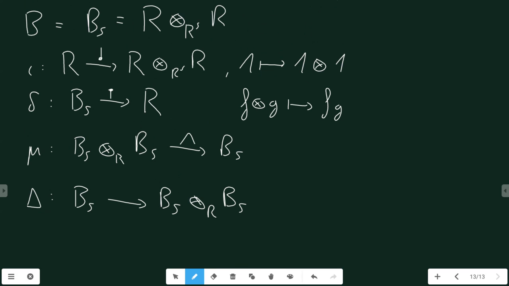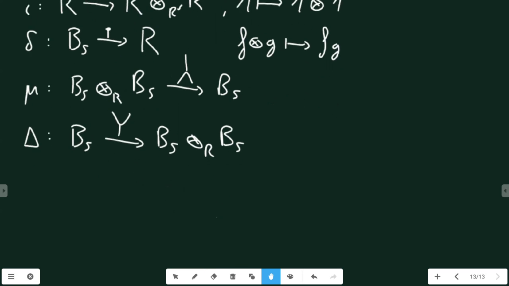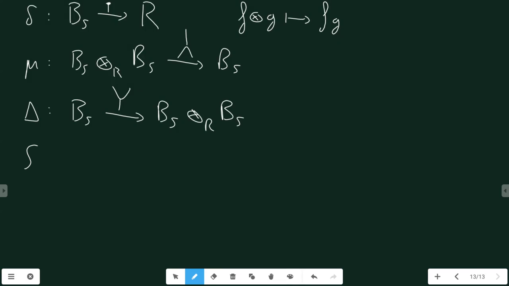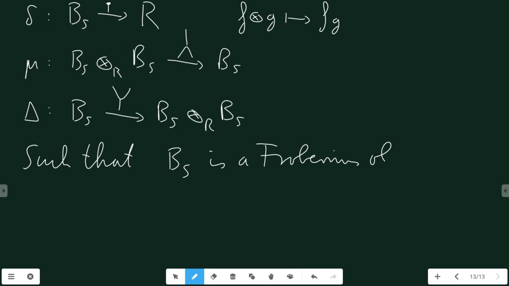This is a map, this multiplication, this is a map like this, such that BS is actually in R bin. That's the whole point. And in particular, it's a Frobenius object in S bin. In Soergel.